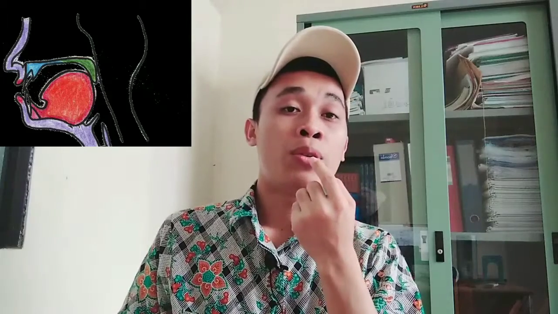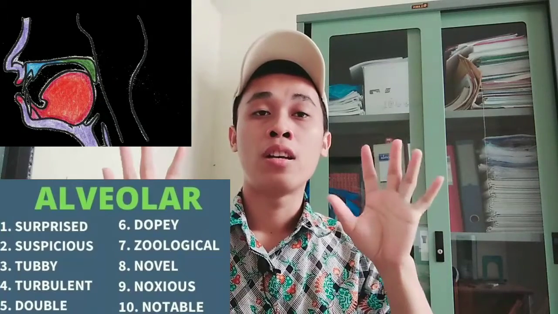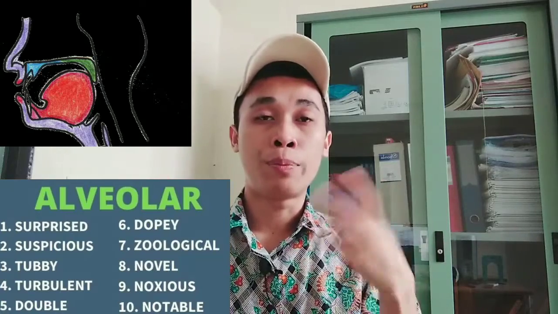Your tongue must touch your alveolar ridge, like this. You cannot see it, but I have a picture for you. So your tongue is touching your alveolar ridge. Okay. For example, I have prepared 10 words for you. Repeat after me.